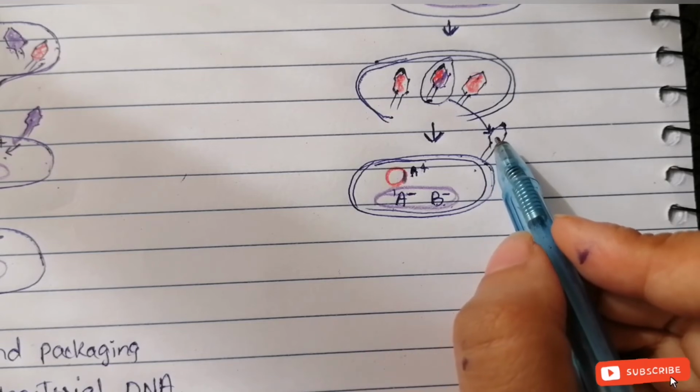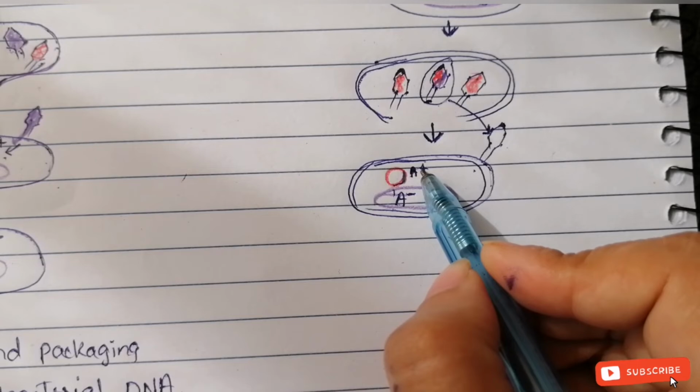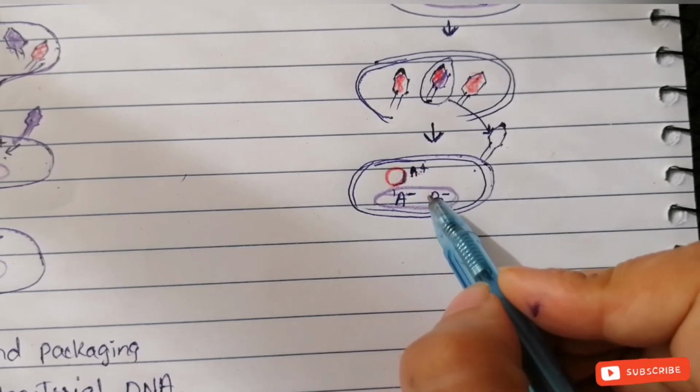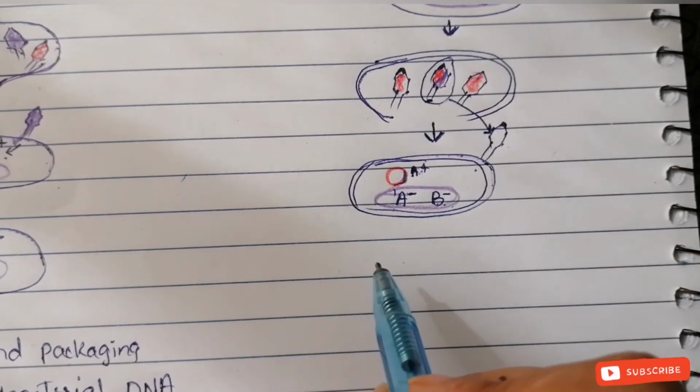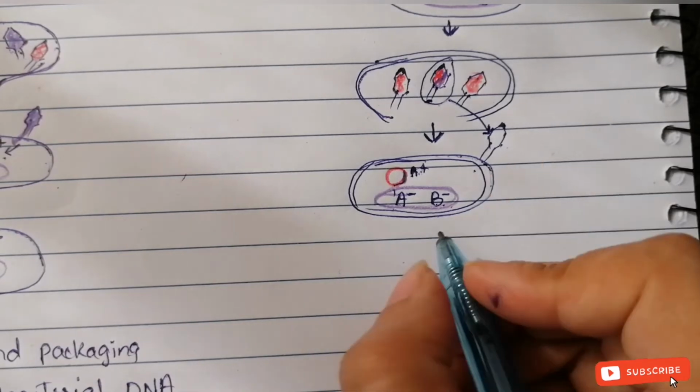What happens when the bacteriophage transfers its genome along with the A positive part? Ultimately, this A positive part will integrate into the genome of the bacterial cell, and A minus will convert into A positive, and the new genome of the bacterial cell will be A positive B minus, like this.